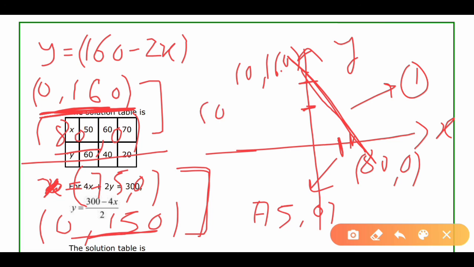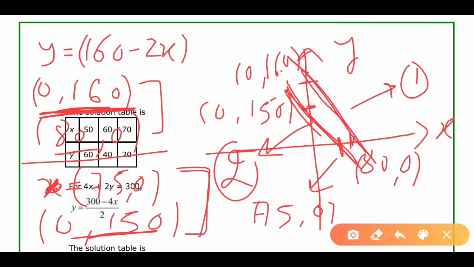Now we will join these 2 points, so we will get the second line. Okay, so this one is the second line, the graph of the second equation. So using this trick, you can also draw the graph for these equations.